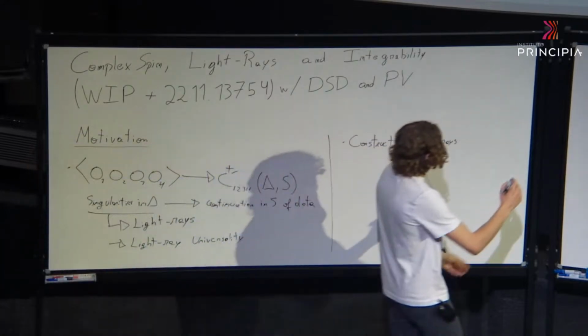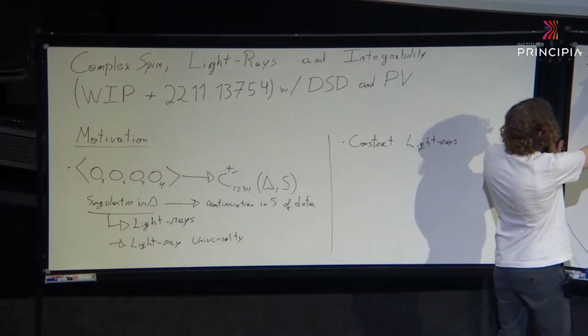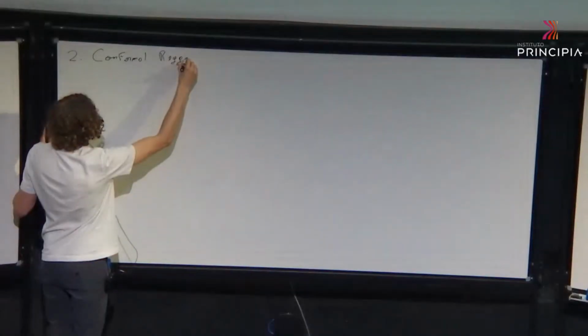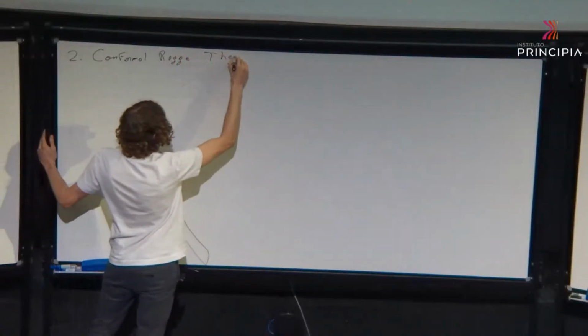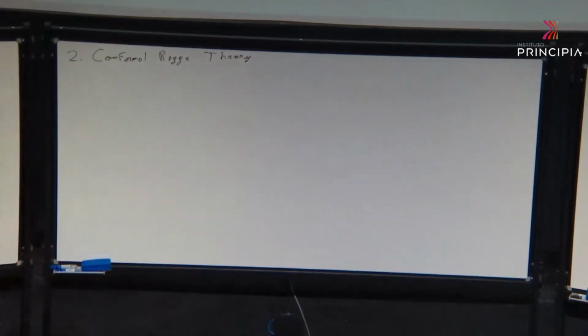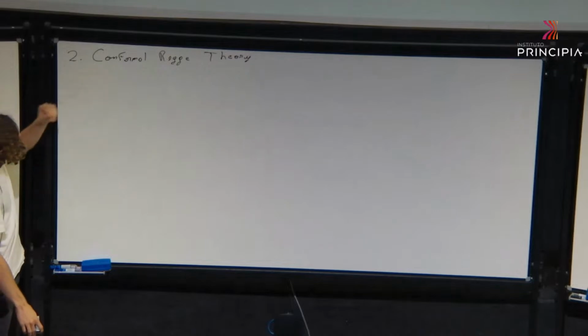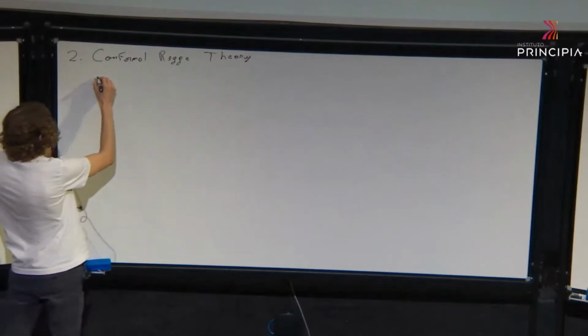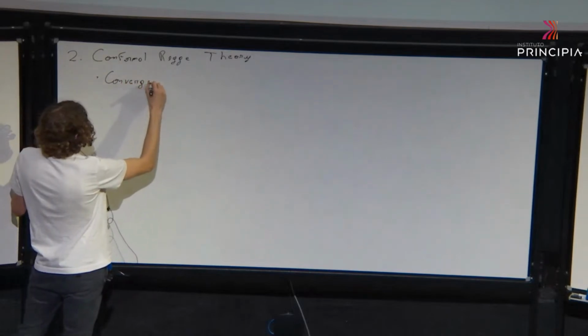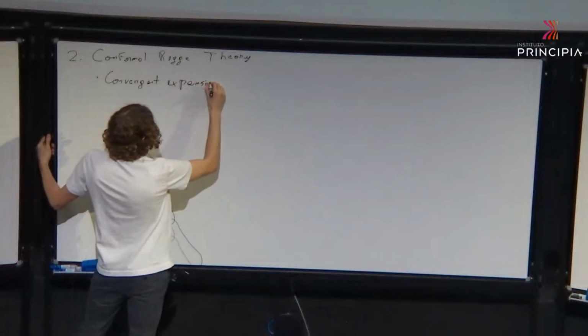Now, the second motivation is conformal Regge theory. A few years ago, Simon, Joshua, and Sandor provided a convergent expansion for 4-point functions in CFT in the Regge sheet.